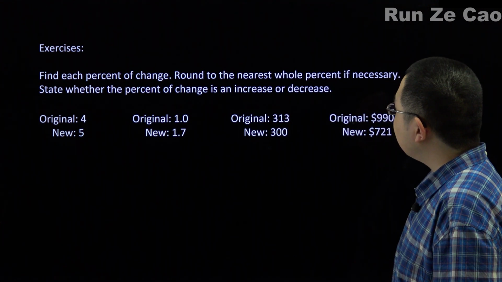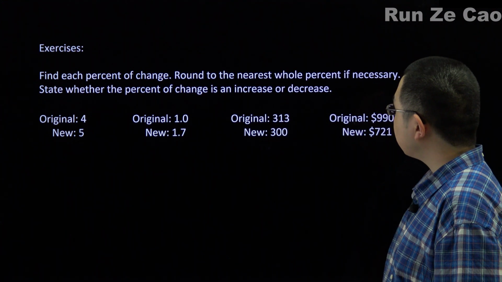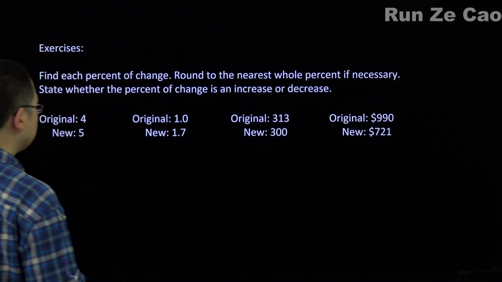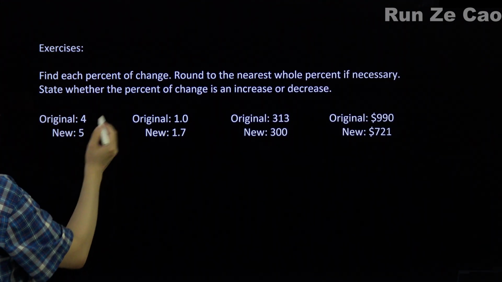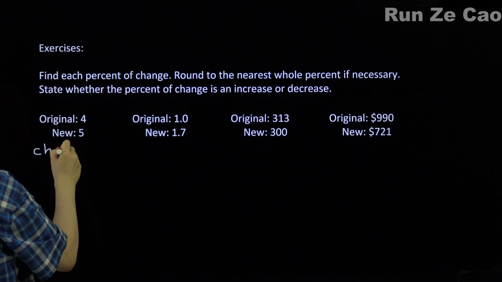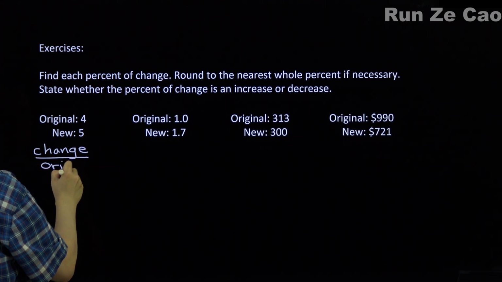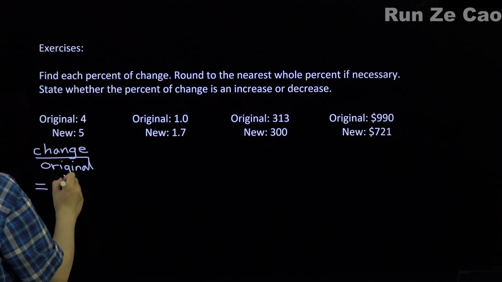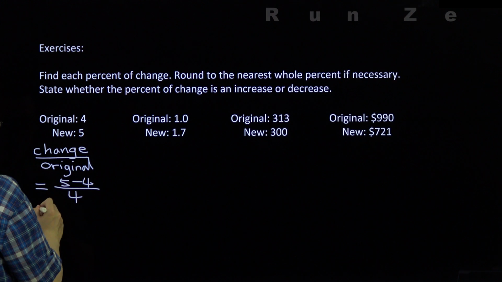Exercises. Find each percent of change. Round to the nearest whole percent if necessary. State whether the percent of change is an increase or decrease. Original, 4. New, 5. Well, the change over the original is a plus 1, or 5 minus 4, over 4.